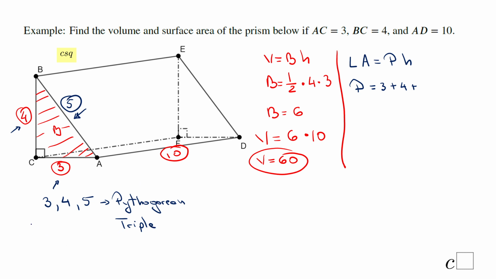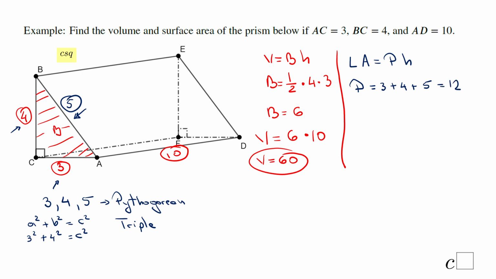If you do not remember, obviously you can use the Pythagorean theorem, a squared plus b squared equals c squared. You just plug in 3 and 4 and you find c. Okay, you can double check, the c will be 5. So we have 3 plus 4 plus that 5 I mentioned, so that will be 7, 12 units.